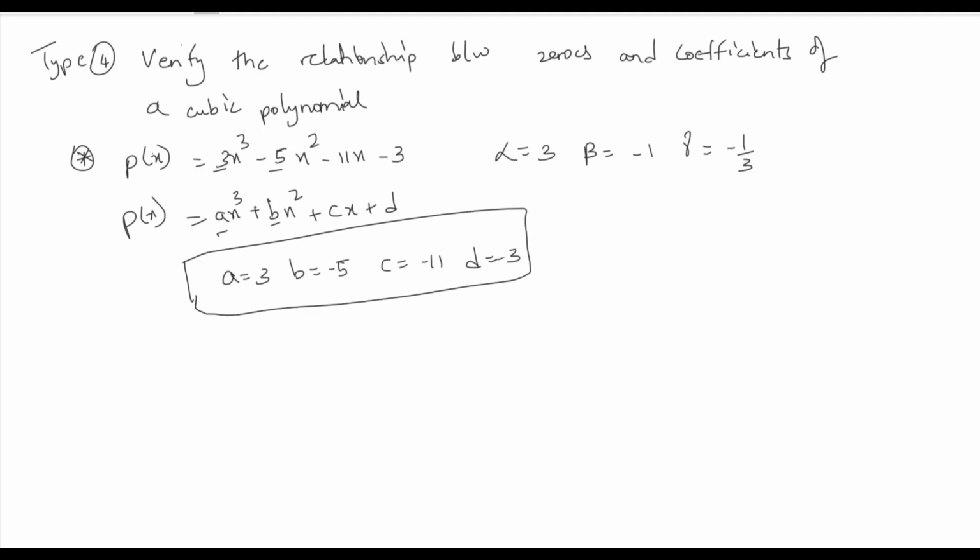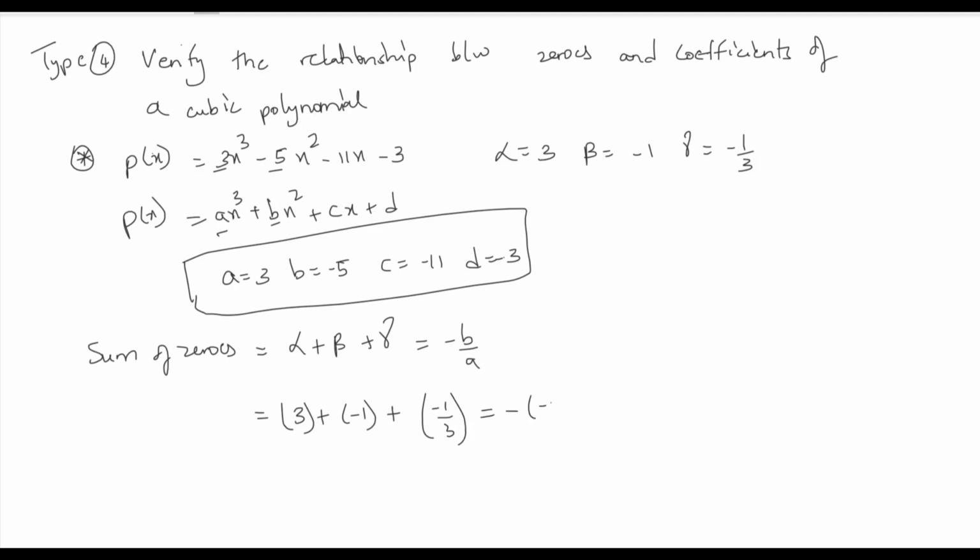Now let us proceed by verifying these using sum of the zeros for a cubic polynomial, that is alpha plus beta plus gamma equals minus b by a. Alpha is how much here? 3, in the place of beta -1 and in the place of gamma -1 by 3. Minus of -5 and a is 3.